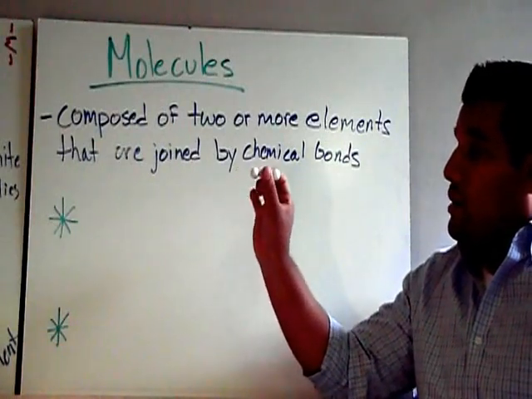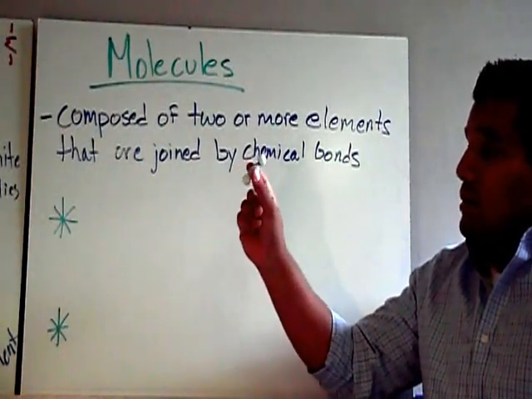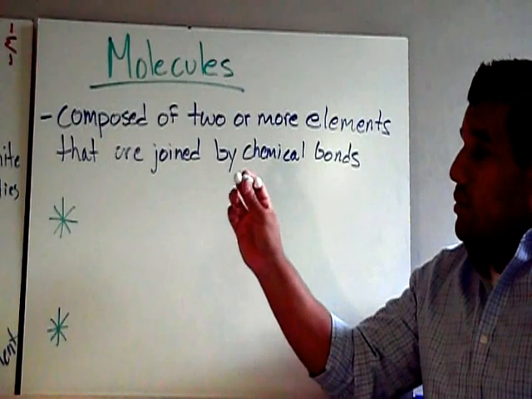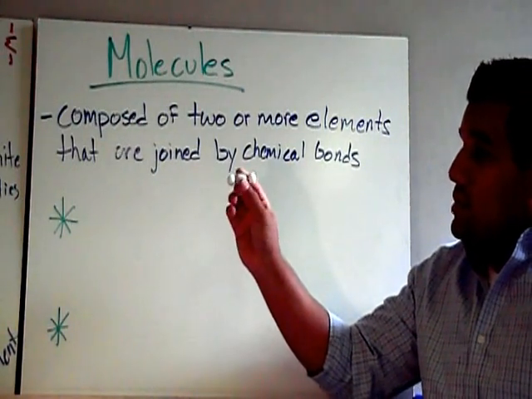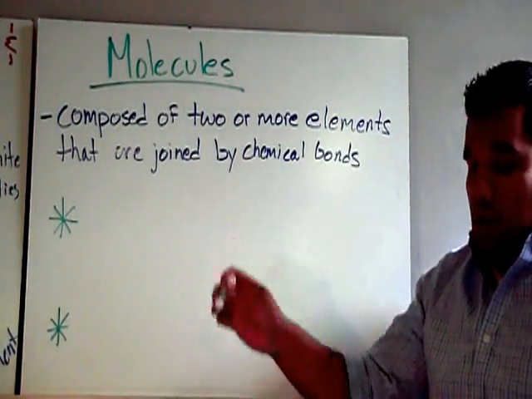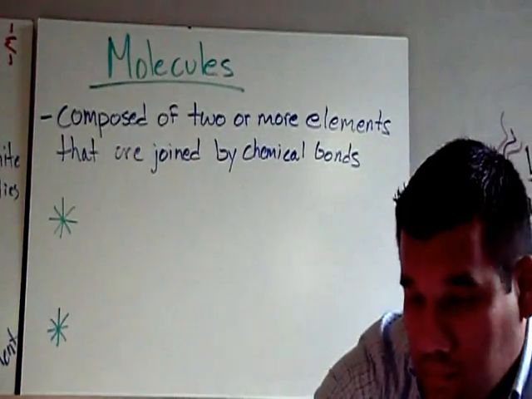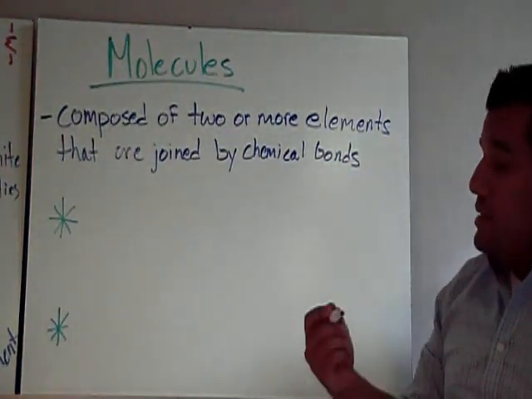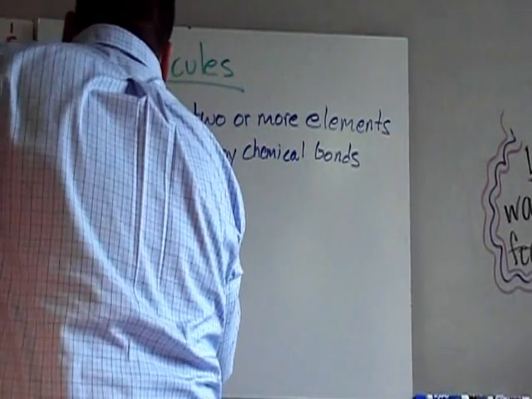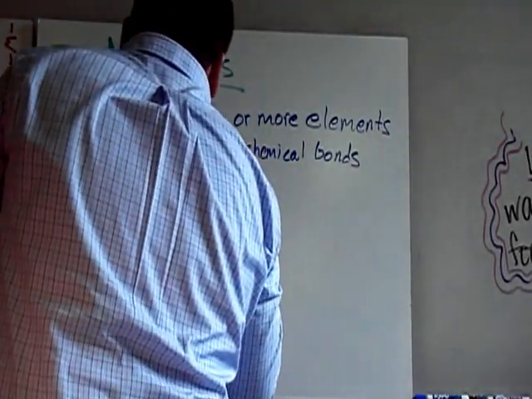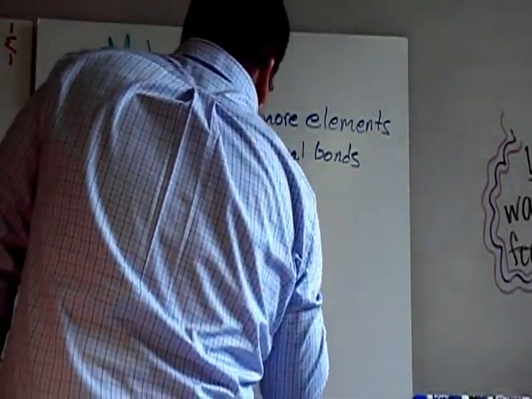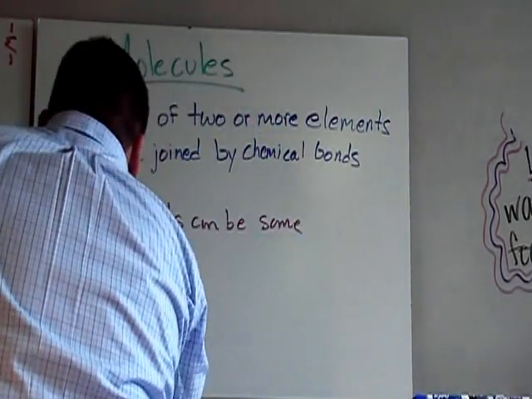It's composed of two or more atoms. We have two hydrogen, and this is a molecule. So the elements can be the same, or they can be different.